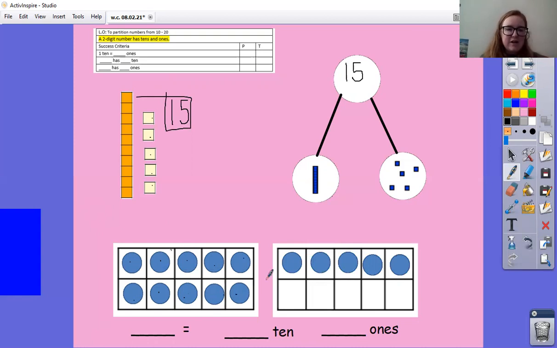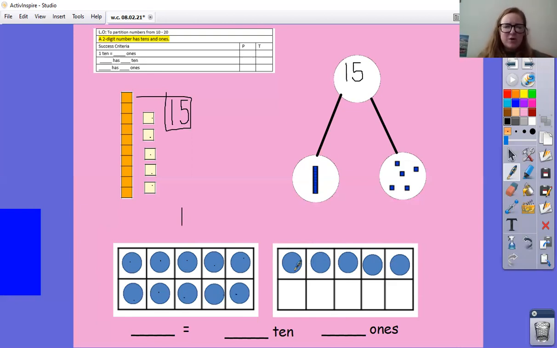So if this tens frame is whole, what is that? If it's got 10 individual 1 counters in there, 10 ones makes 1 ten. So 1 whole tens frame makes 1 ten. Over here, is this tens frame whole? No, this tens frame is not whole, so this cannot be a ten. This must be our ones.